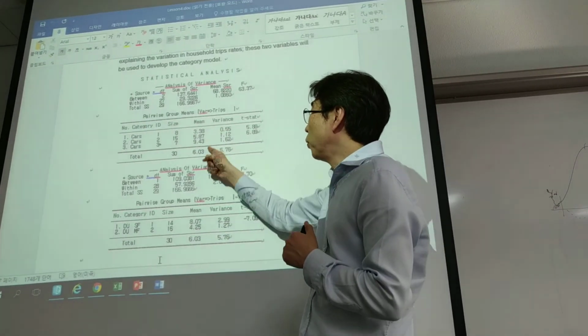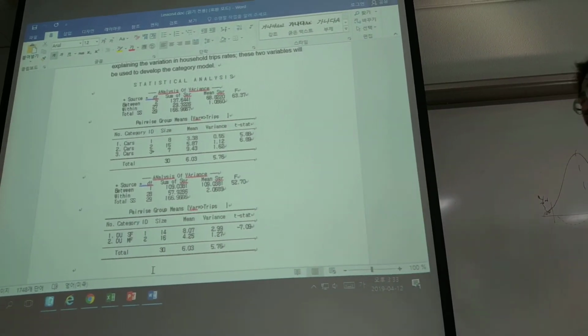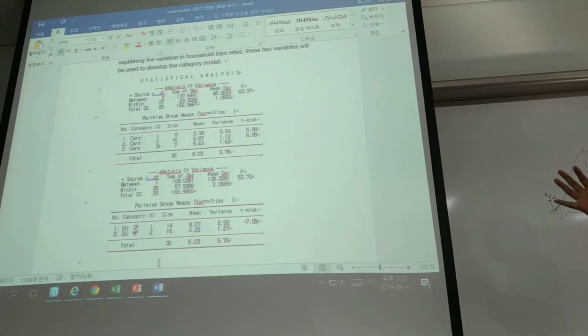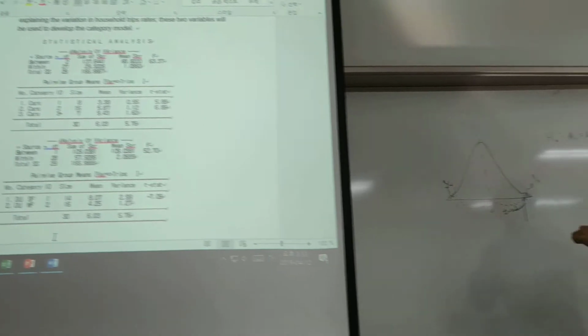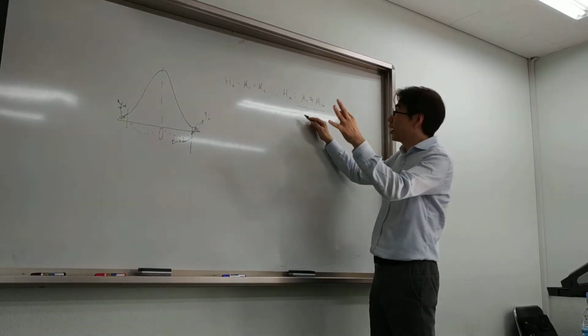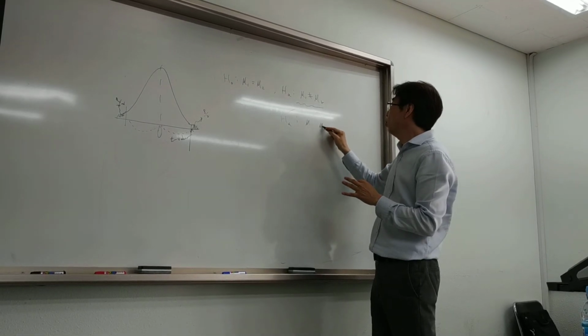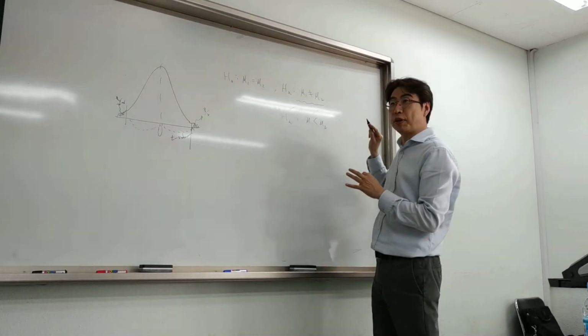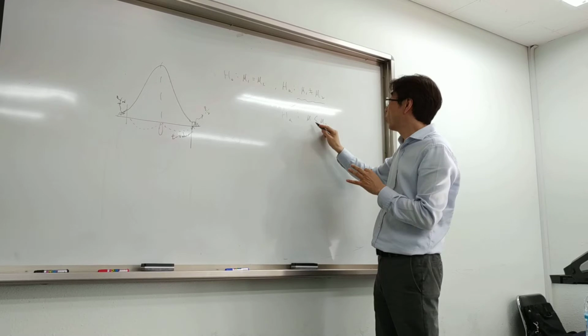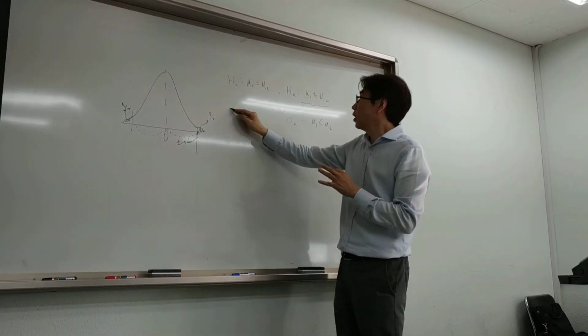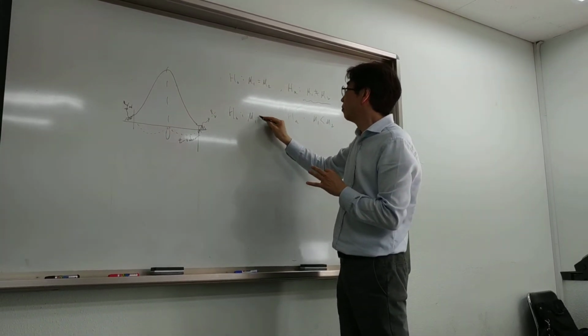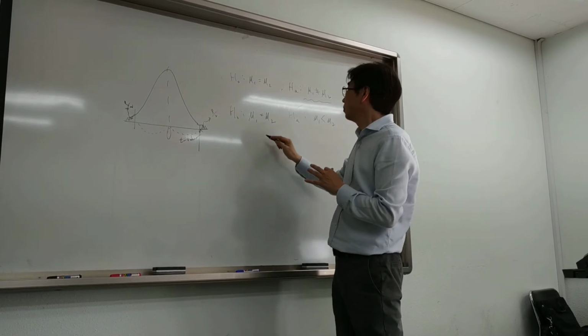The increasing order is assumed to be accepted, right? But in this case, HA can be like this: mu2 is always greater than mu1. So H0 is the same.